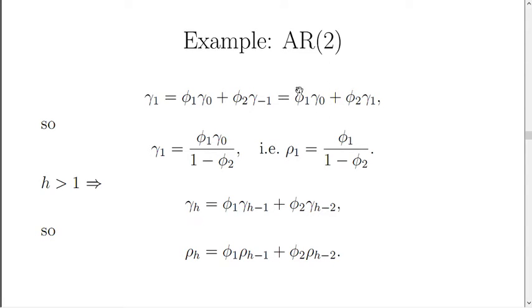And then I can manipulate this algebraically quite easily to say that the lag 1 autocovariance is this expression times the lag 0 autocovariance. That means that the lag 1 autocorrelation is this expression. So just by using this simple trick, we were able to compute the lag 1 autocorrelation.